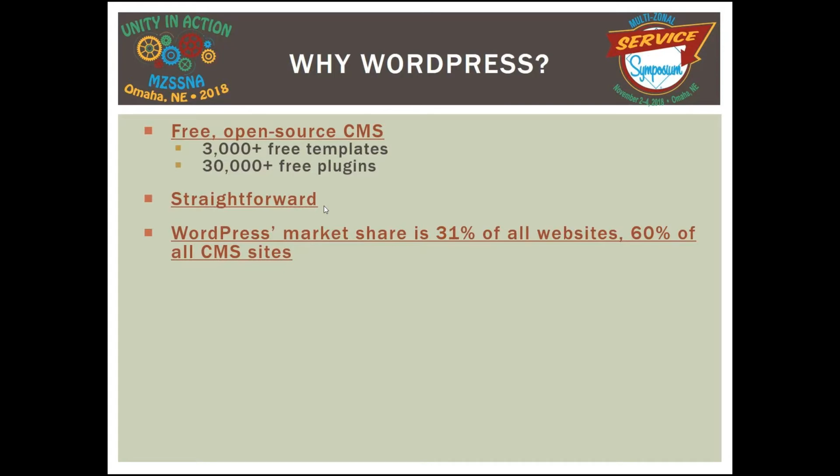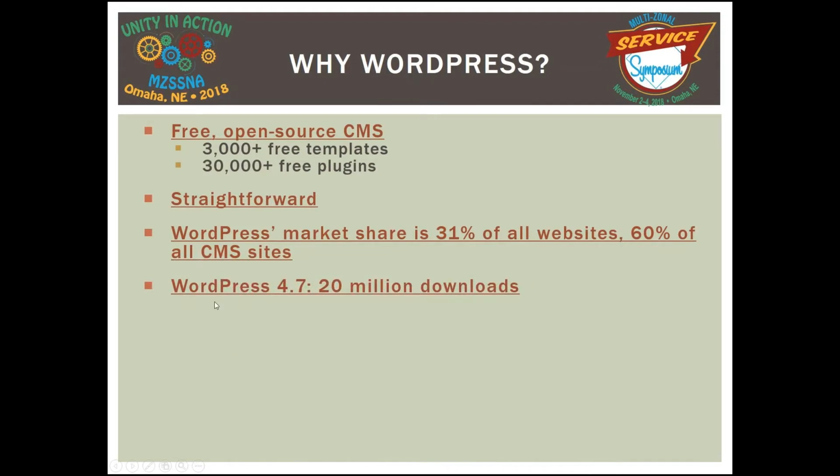There are over 1 billion URLs in use today. 1 billion. Of those, about 180 million are actually active, and 31% of those are WordPress. Among the websites that are actually content management system sites, WordPress has a 60% market share.